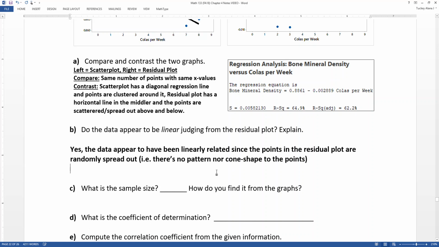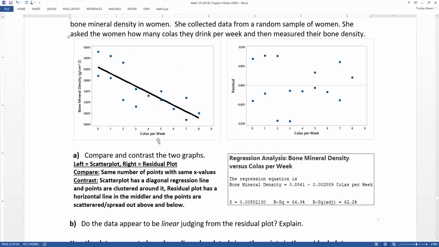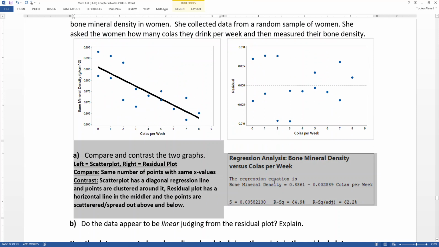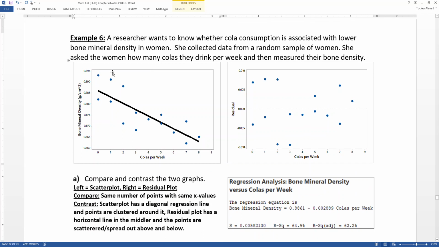All right, what is the sample size and how do you find it from the graphs? This came from a question in the notes at one point or in the worksheet. I asked what the sample size was and it's not given in this output, which is super frustrating. What you have to do is actually count how many dots there are on the graph. And you can count it in either graph because they're the same data points, right? So this first dot on the residual plot is the same as this first dot on the scatter plot, right down here.